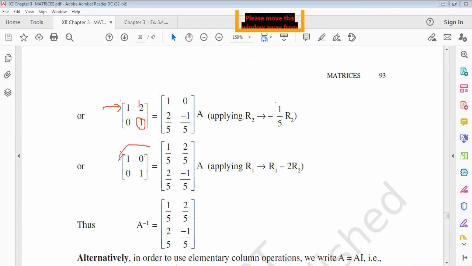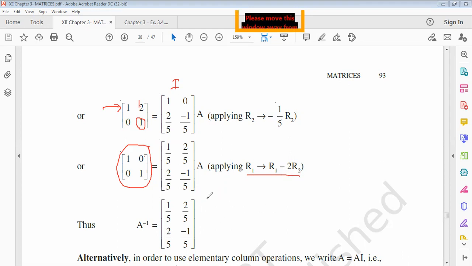Now we have completed it: the A matrix becomes the identity matrix of second order, and the other matrix has the values after this operation. We get 1 by 5, 2 by 5, 2 by 5 and minus 1 by 5 as the elements of this matrix.